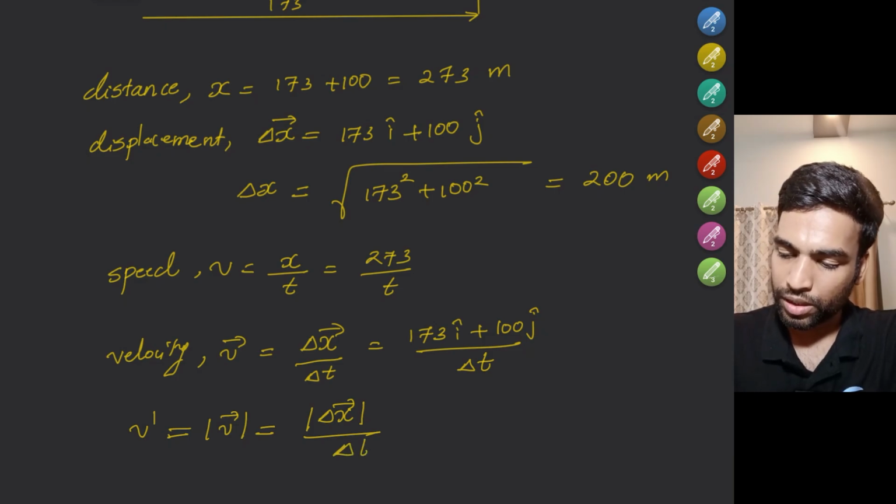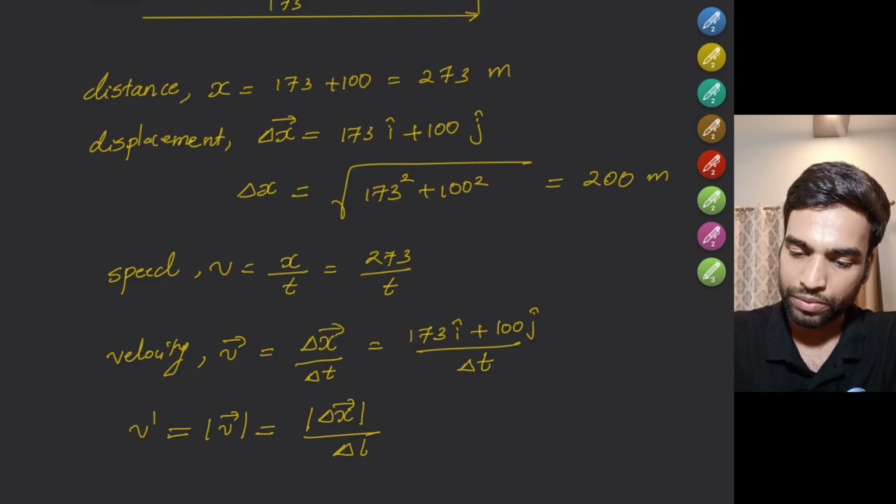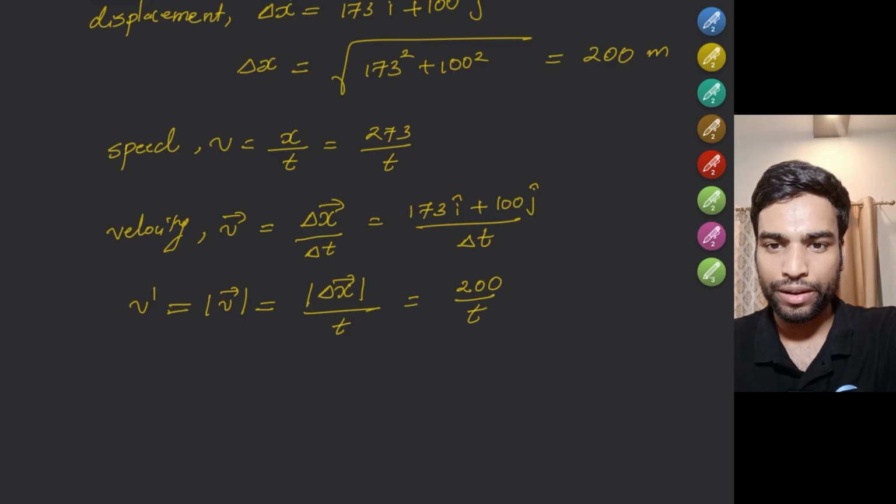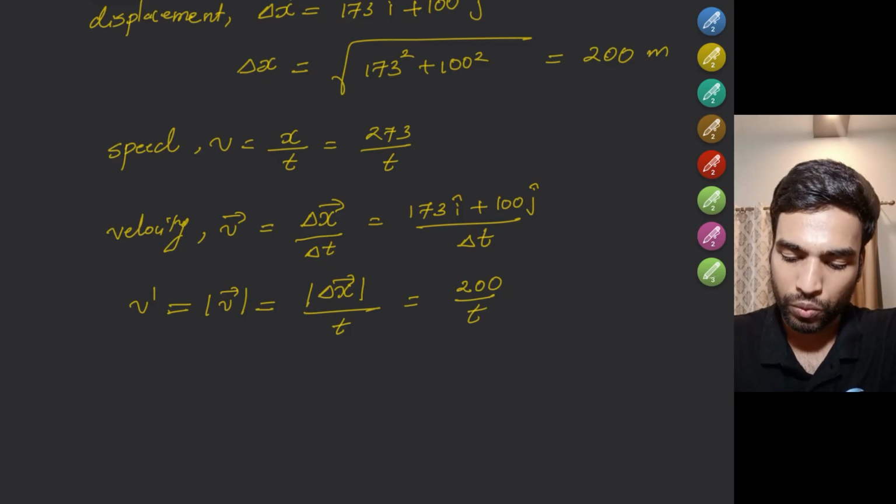Got it? And that time duration, we can write it as t, right? Therefore, we can write 200 divided by t.